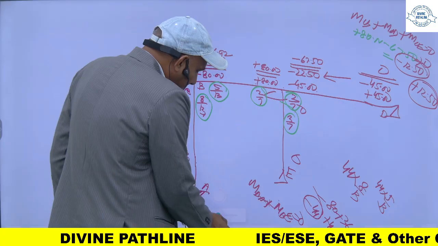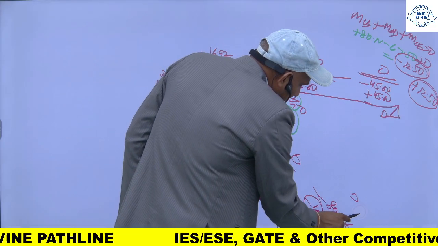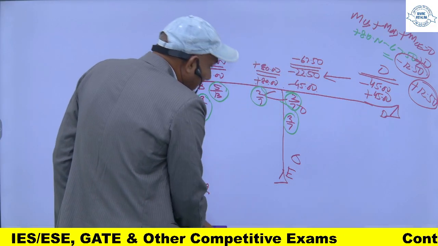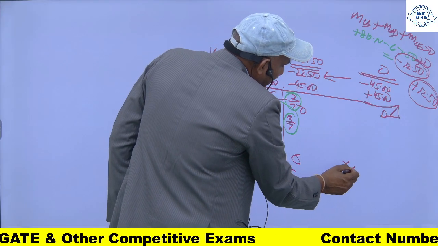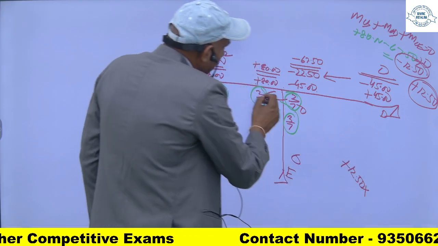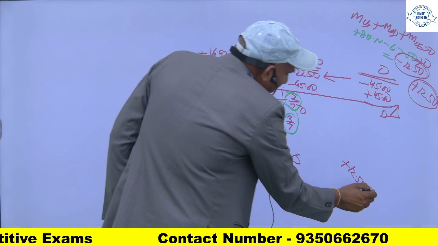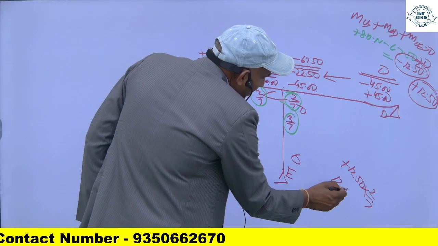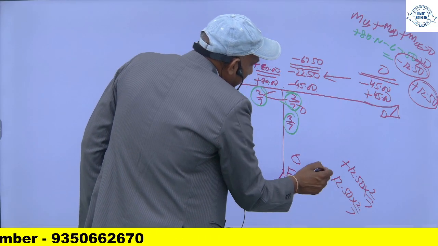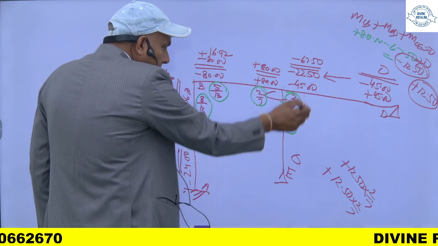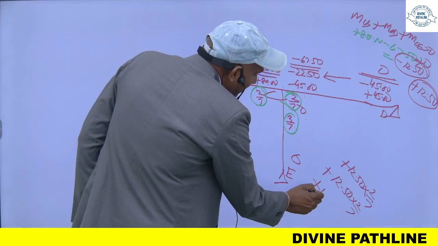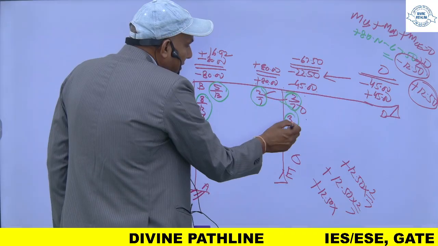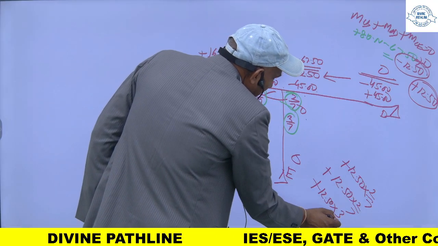So this is plus 12.50 into 2 by 7. For this member it will be 12.50 into 2 by 7, and for this member it will be plus 12.50 into its distribution factor. For this member the distribution factor is 3 upon 7.